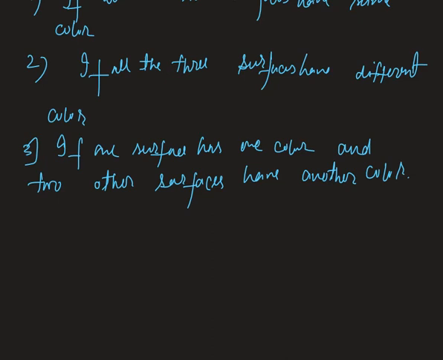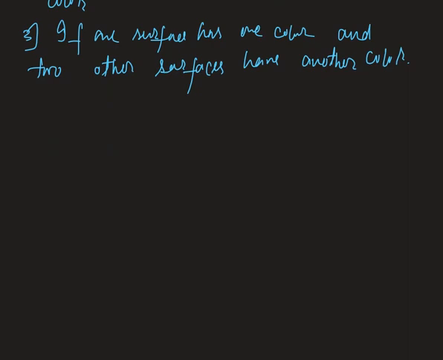now let us solve one numerical problem to understand this concept more clearly. Example: suppose a cube of side 4 cm is painted black on one pair of opposite surfaces, blue on another pair of opposite surfaces, and red on the remaining pair of opposite surfaces.